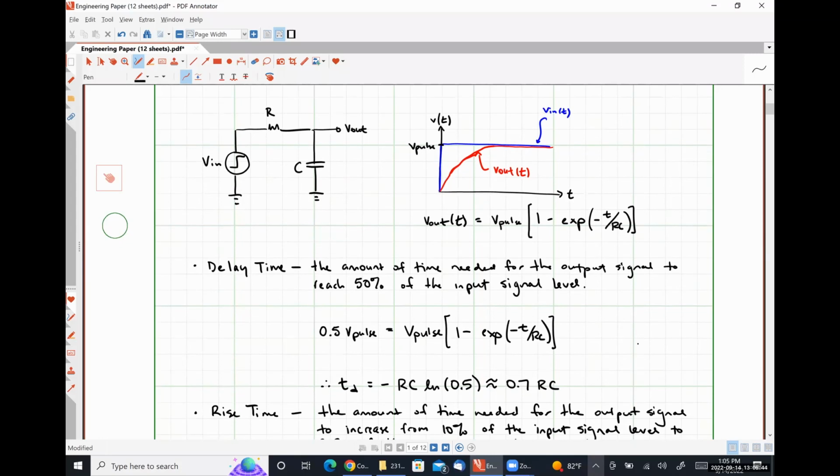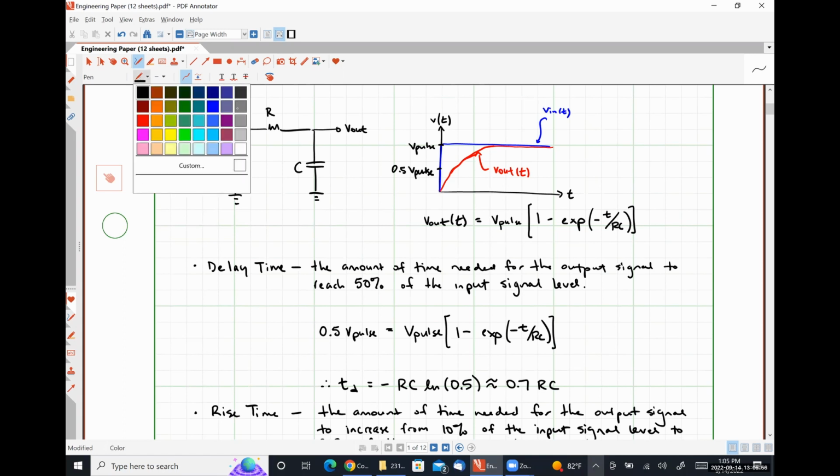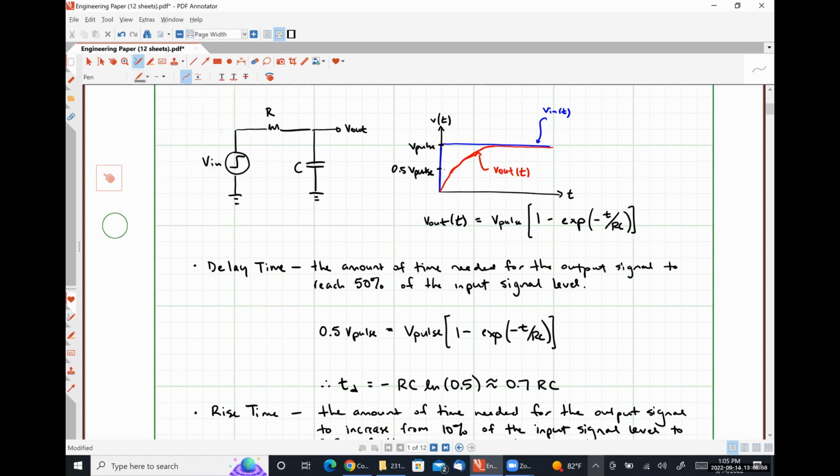So coming back to our original graph here, if this is 0.5 V pulse, then let's do this in gray. This amount of time is our delay time.